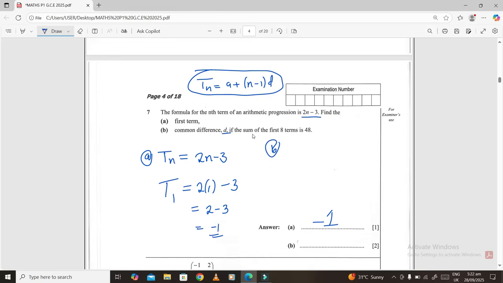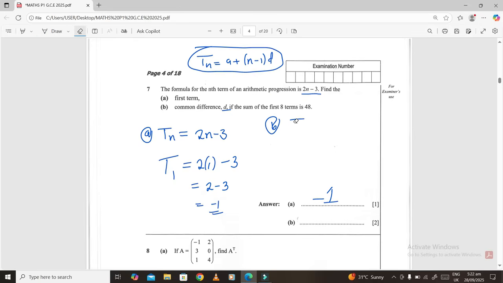They want us to find the d, and they've given us the sum of the first 8 terms. We are going to use the formula for the sum. Let me write it here.